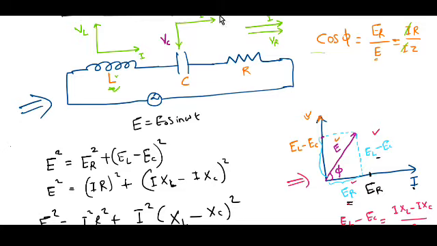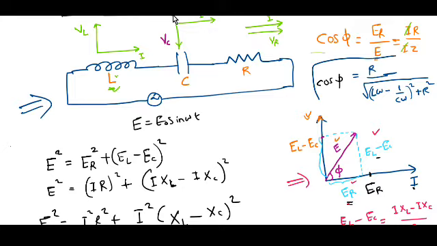Then if you substitute the value of Z, which we have just derived, the total impedance of the circuit, root of (XL minus XC) all square plus R square, and instead of XL and XC substitute L omega and 1 by C omega, this will be R by root of (L omega minus 1 by C omega) square plus R square. This is the cos phi, that is the power factor of the LCR circuit.